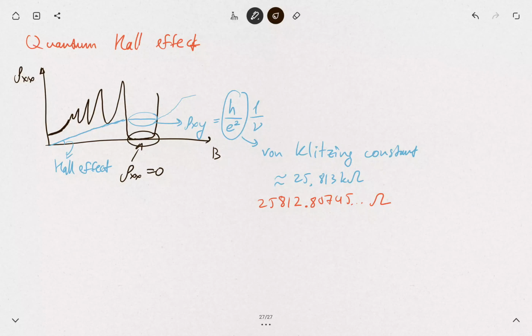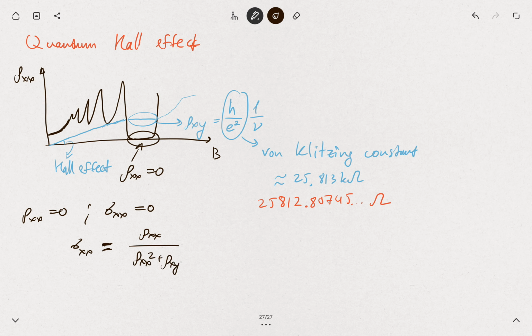Because of the tensor nature of the conductivity and resistivities, at this region where you have rho xx equals 0, the sigma xx is also 0, because the sigma xx can be calculated, so that's an inverse, and it should be rho xx divided by rho xx squared plus rho xy squared.